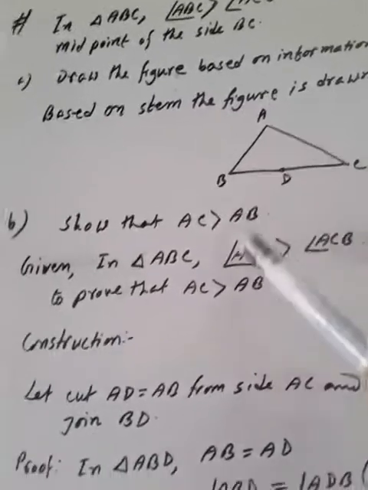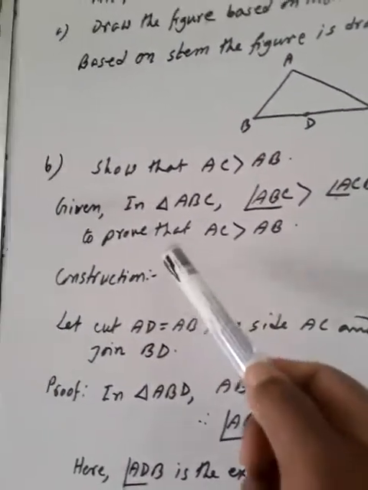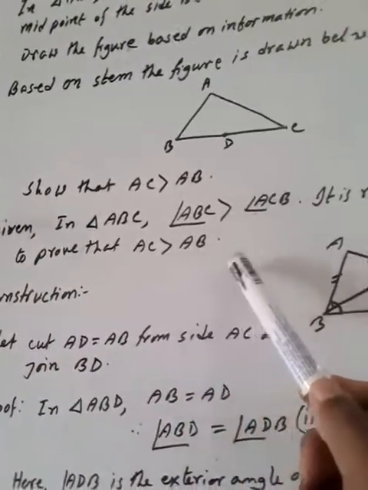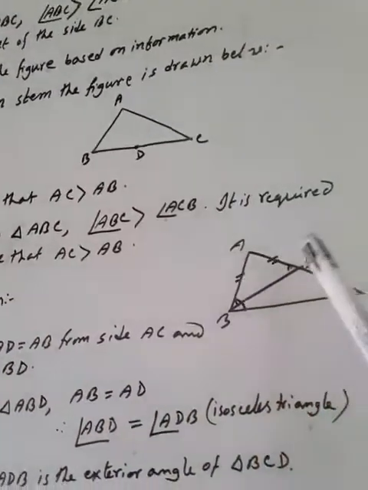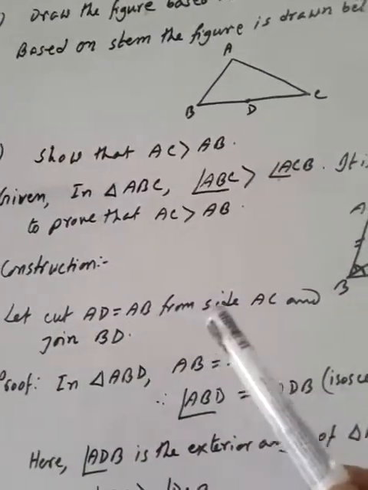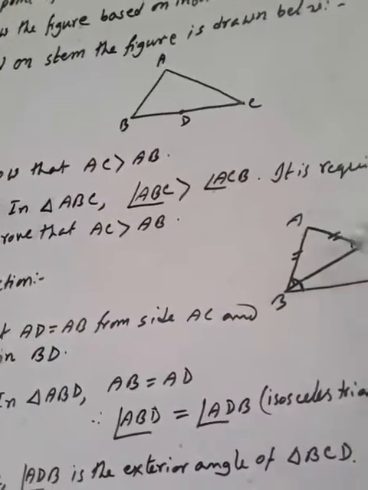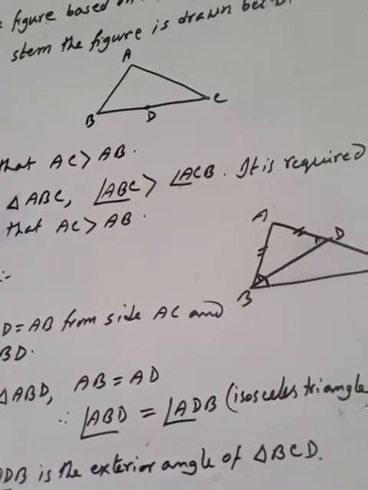Given: in triangle ABC, angle ABC is greater than angle ACB. It is required to prove that AC is greater than AB. Construction: cut AD equal to AB from AC.